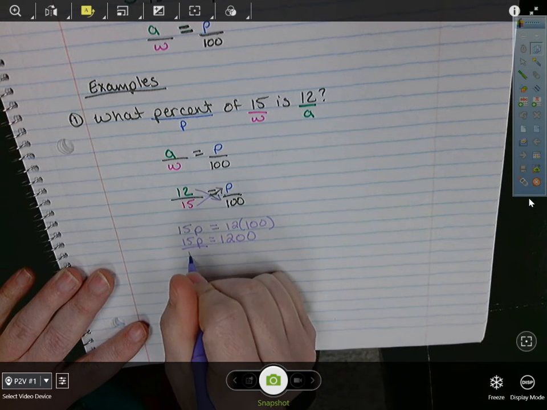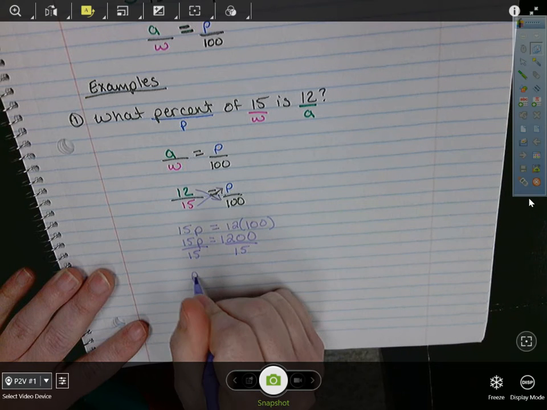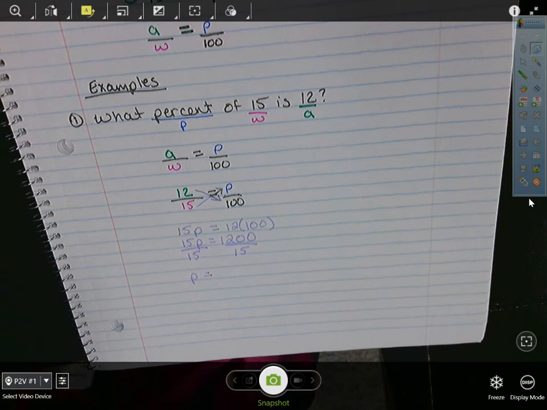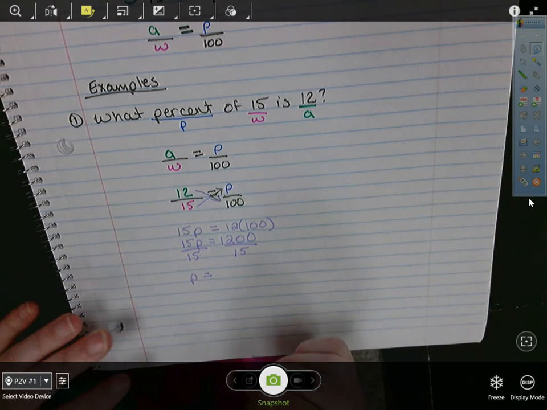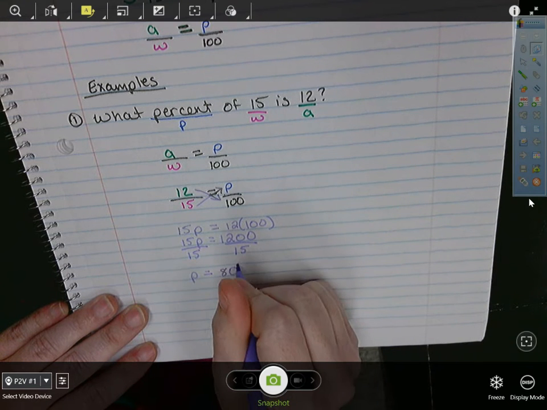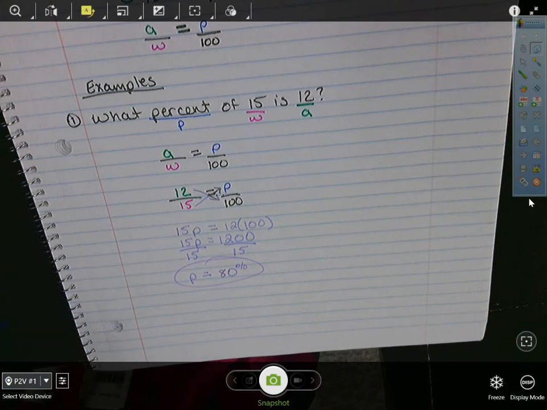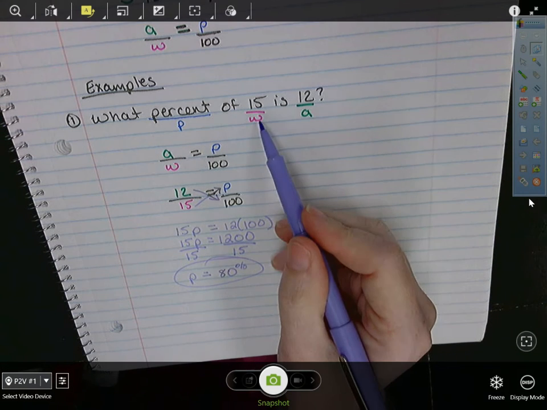And then you divide both sides by 15, and you get P equals 80. Okay, so the answer would be 80%. Okay, because it's asking what percent, so that would be 80%. So that means that 80% of 15 is 12.